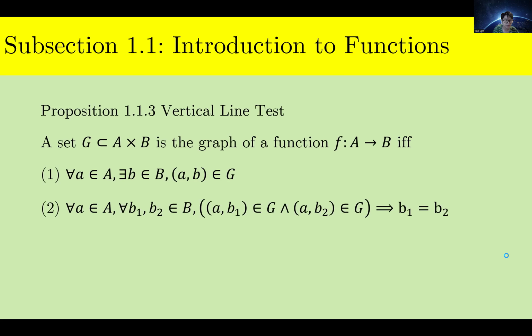The second one is actually the uniqueness of b. For all a in A and for all b1, b2 in B, if (a, b1) is in G and (a, b2) is also in G, then we can deduce that b1 equals b2. Okay, so let me prove the forward direction first.